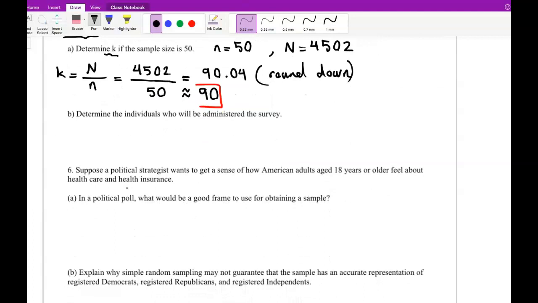Part B, determine the individuals who will be administered the survey. Now that we have K, we should choose what the starting point is.